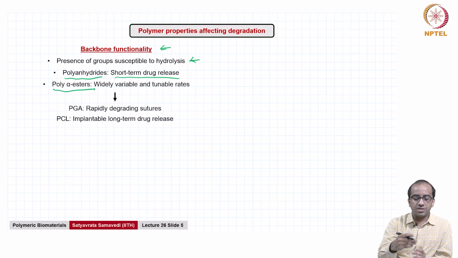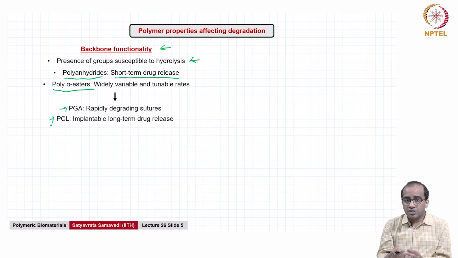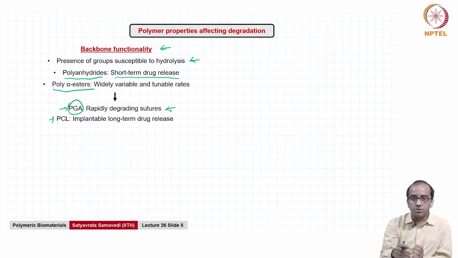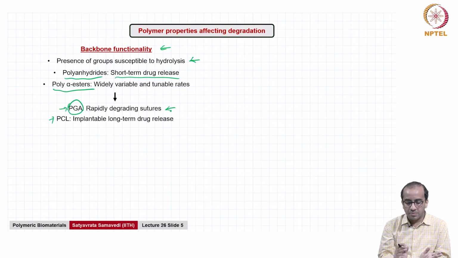Poly alpha esters such as PGA, PCL, etc., with tunable degradation rates, can undergo bulk ester hydrolysis, right. Again, depending on the type of poly alpha ester you are talking about, for PGA you can have rapidly degrading sutures, because PGA is going to degrade quite rapidly, as compared to PCL, because PCL degrades much more slowly.